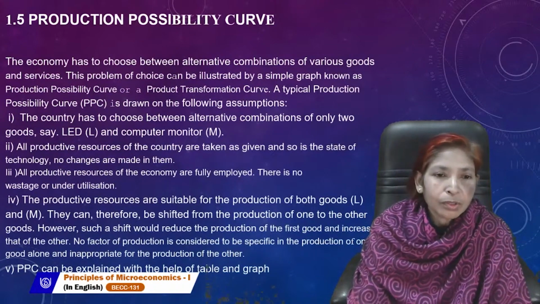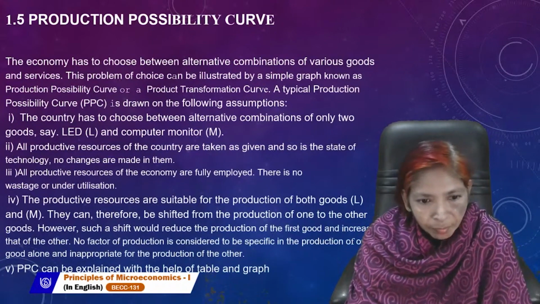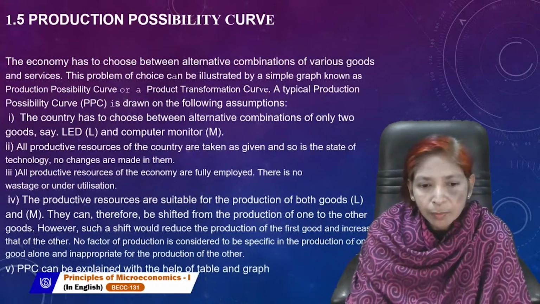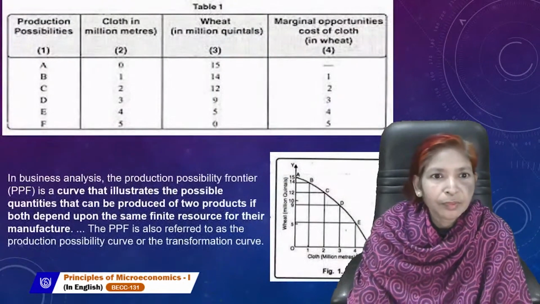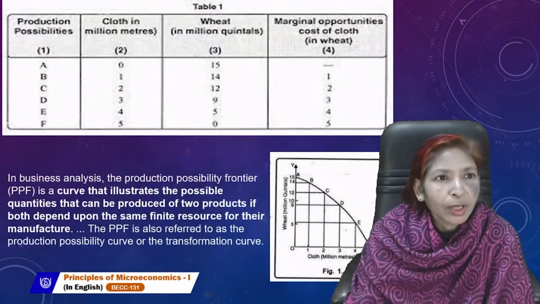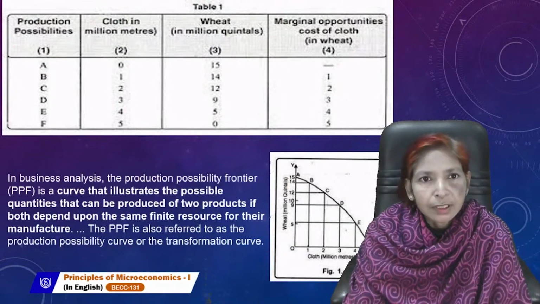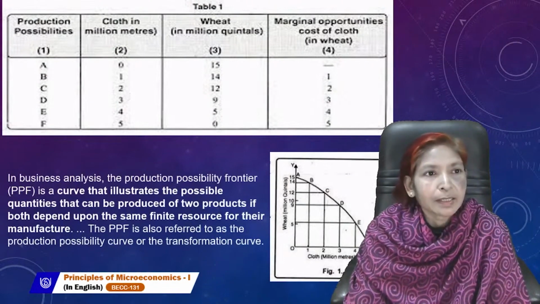And if you want to produce more computer monitor, you will have to produce less LED. Now, PPC can be explained with the help of table and graph. In this table, you are seeing the production possibilities A, B, C, D, E, and F. These are production possibilities.